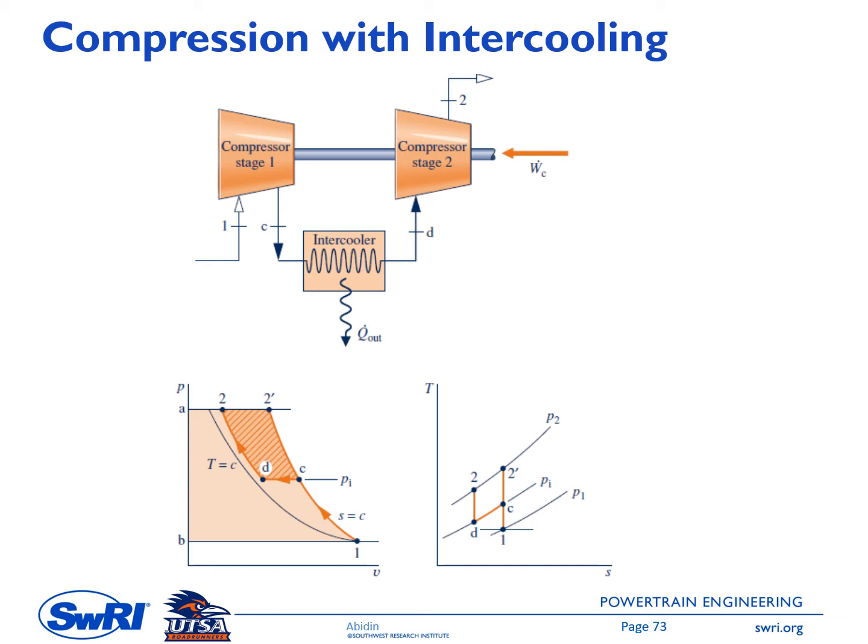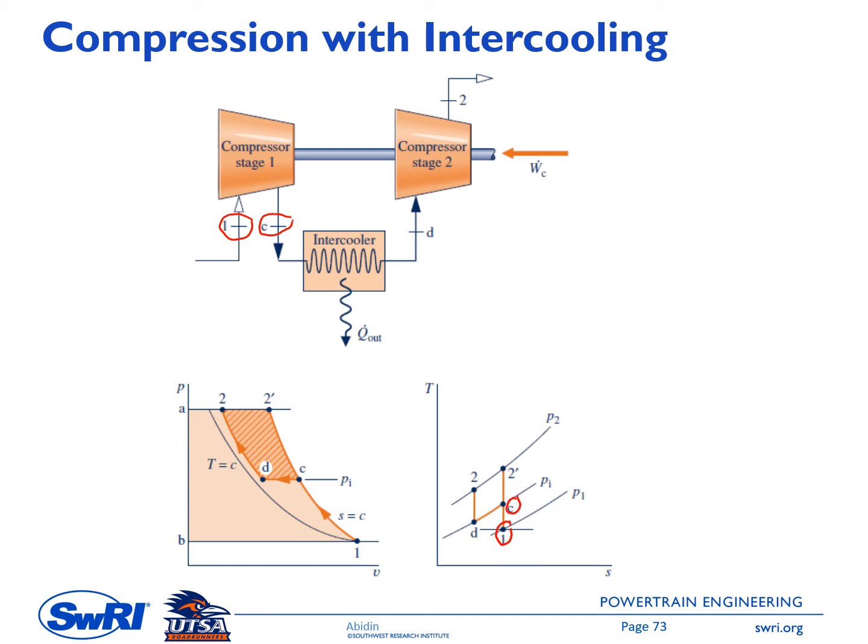So we have compressor stage 1 and compressor stage 2, and between these two compressors we insert an intercooler. At the entrance of the first compressor we have point 1, and then the working fluid is compressed to state C. You can also see in the TS and PV diagrams we have state 1, and then it's compressed to state C.